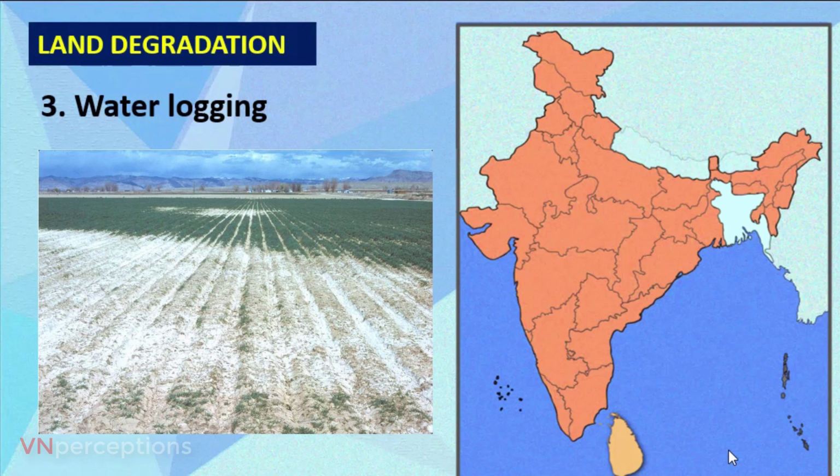Which are the states which are affected by it? They are Punjab, Haryana, Uttar Pradesh. Now we know these are agriculturally rich states, but the problem that they face is waterlogging, and due to waterlogging, what happens is land degradation.